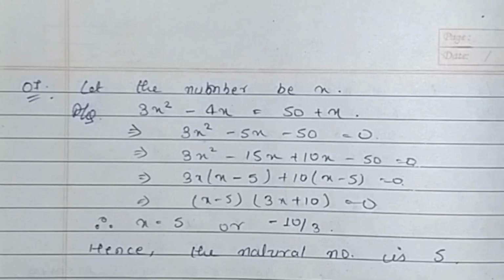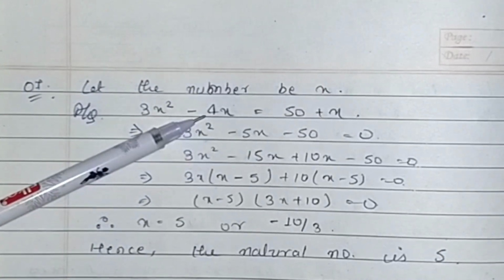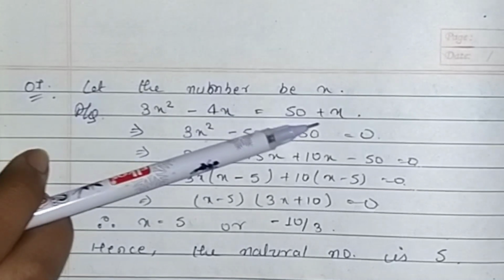That means from the number it is 50 more. That means the equation will be formed as 50 plus x. So our whole equation becomes 3x square minus 4x is equal to 50 plus x.